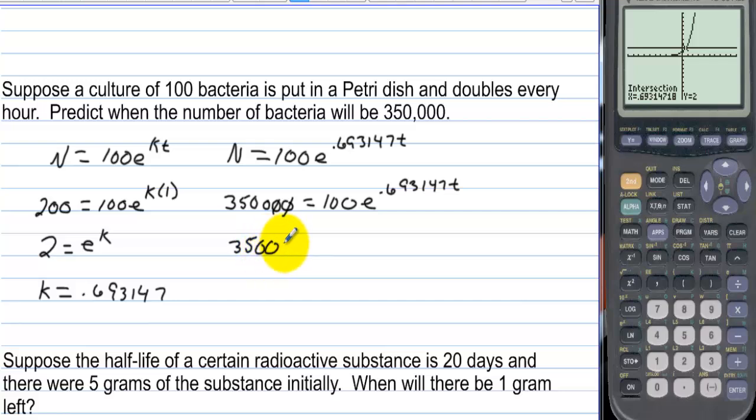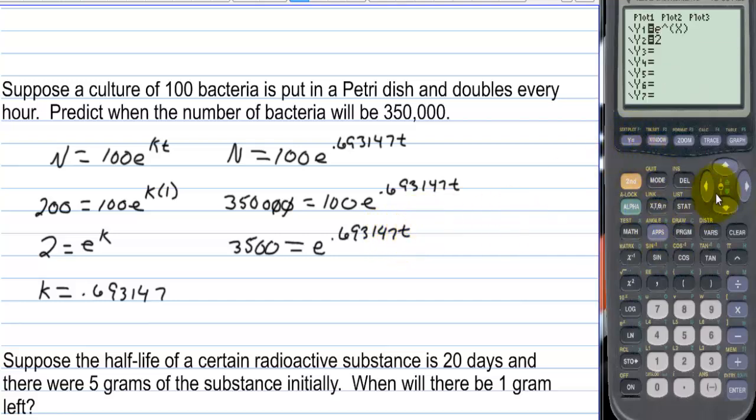We have 3,500 equals e to the 0.693147 t. Now in y1, we can put this k in. So let's insert 0.693147. And in y2, we can put in 3,500.